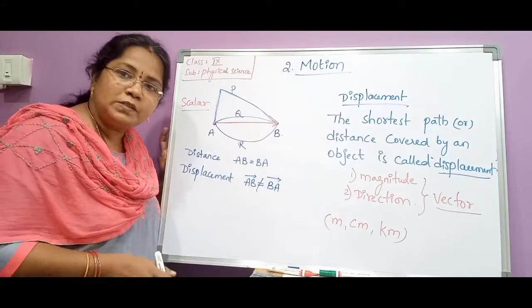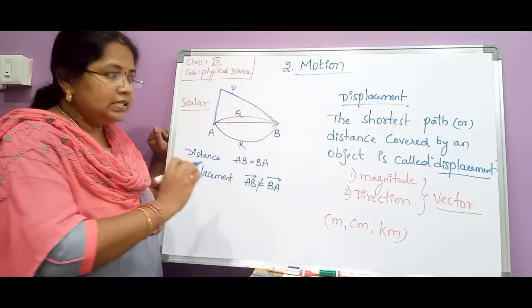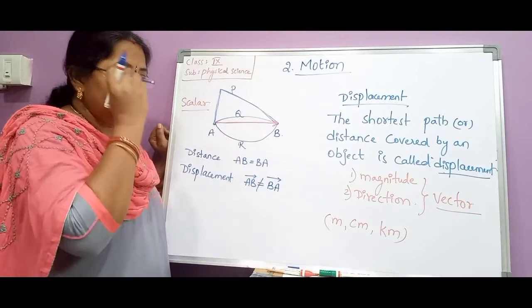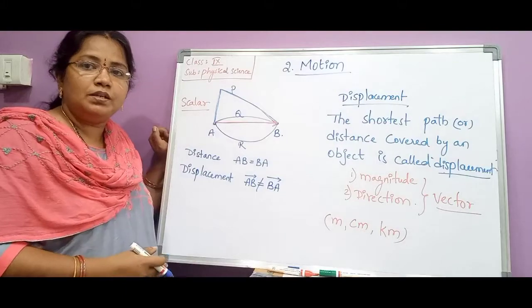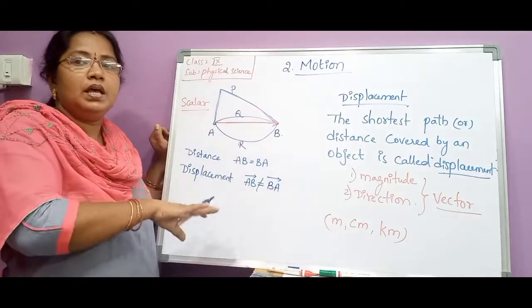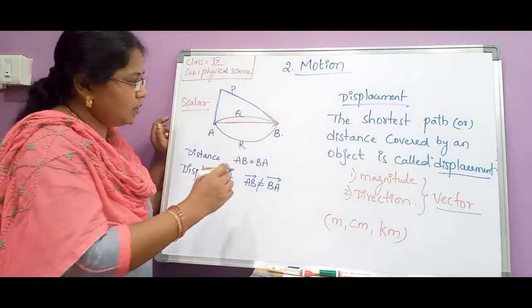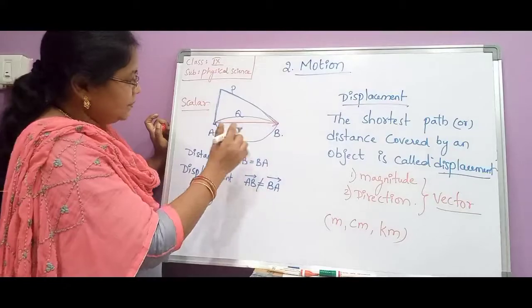Also regarding displacement, you need to remember one more point: when the object travels some distance and again comes back to its original position, after travelling a certain distance, if the object came back to its initial point, then the displacement will become 0. Suppose in this diagram I will represent.